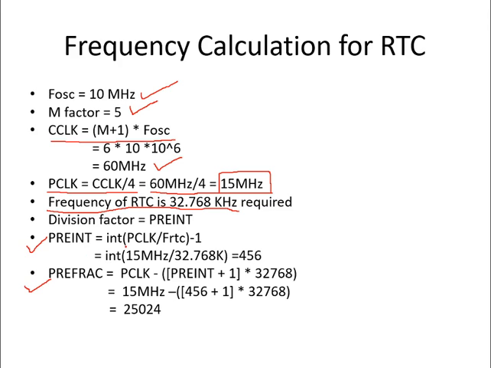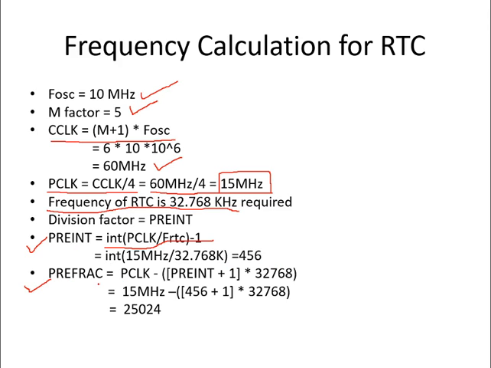So these are the equations for integer and fractional parts. Prescaler integer is equal to the integer part of PCLK divided by FRTC, that is the RTC frequency, minus 1. So PCLK is 15 megahertz divided by 32.768 kilohertz minus 1. It is coming out as 456. So the prescaler integer value is 456.